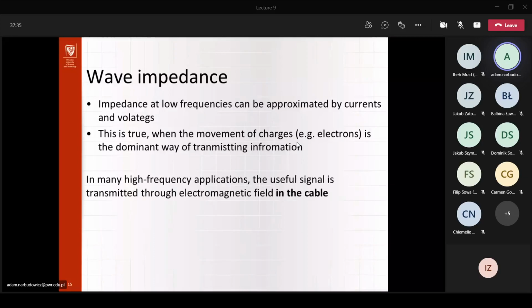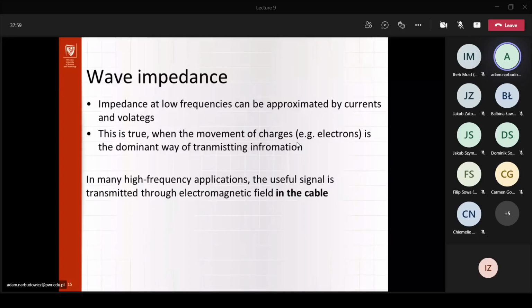However, if we move on to radio signals with high frequency, we very often deal not with the electrons, but with the electric and magnetic field that is propagating over anything, as a matter of fact.